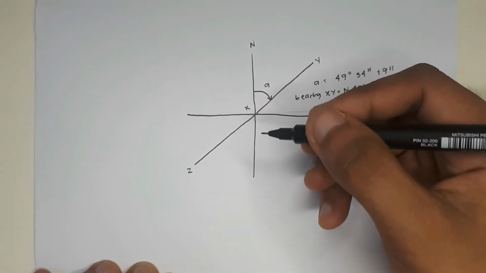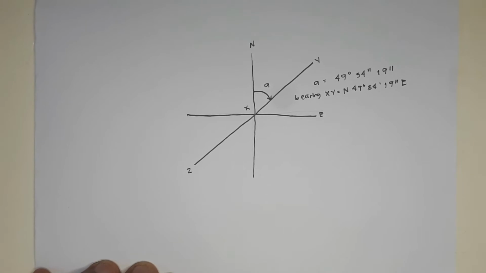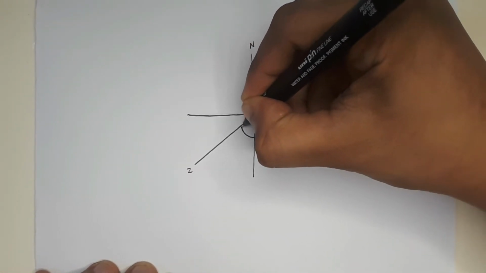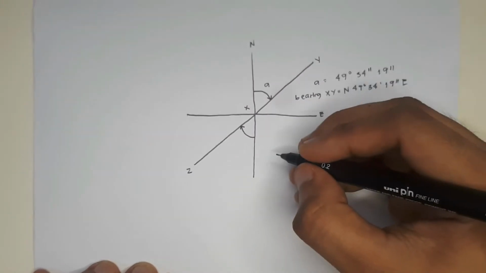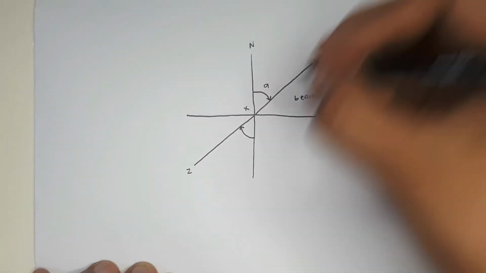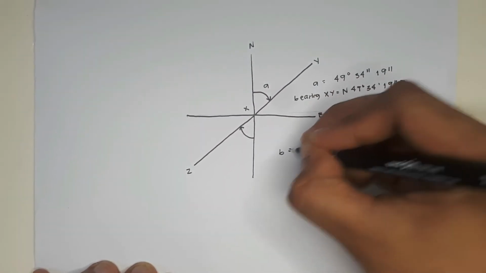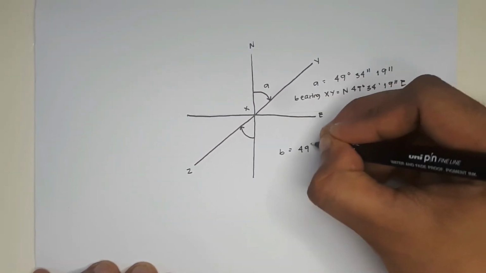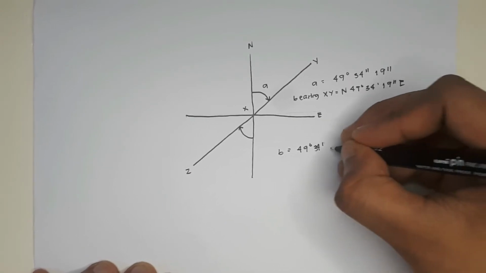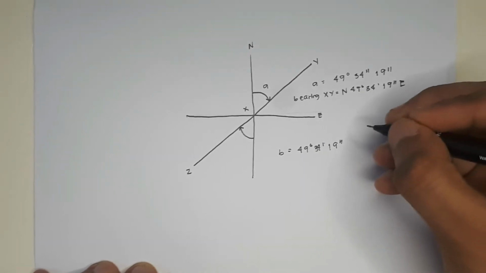Now let's draw another line from point X to point Z. Let's use the same angle value as before. This will be our bearing angle, and we will call it angle B. So we have angle B, 49 degrees, 34 minutes and 19 seconds.